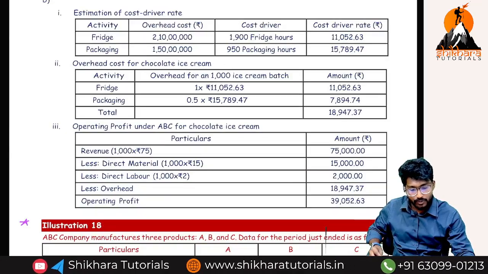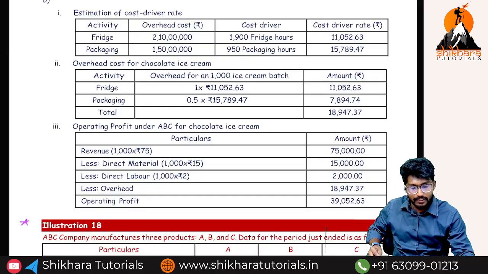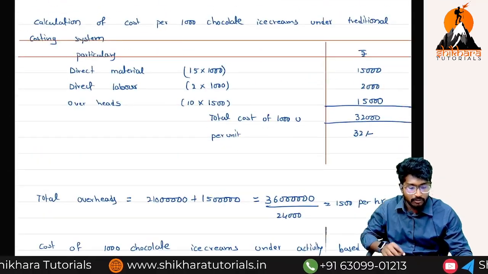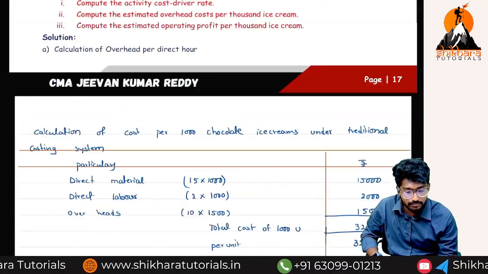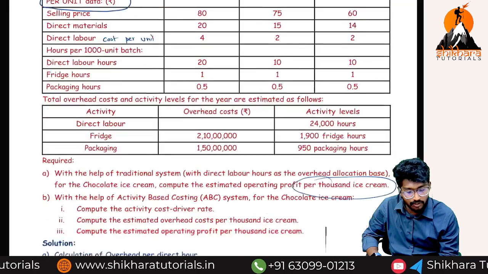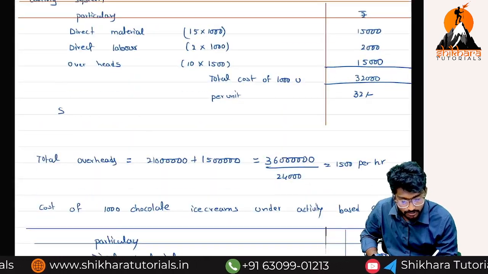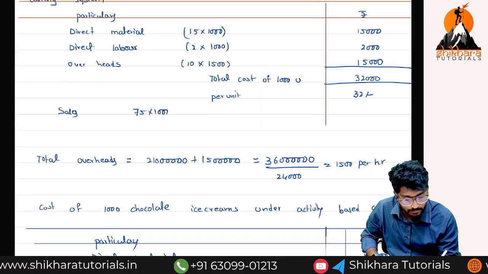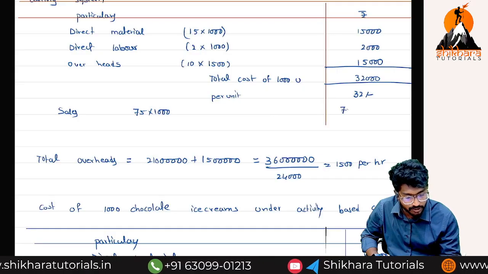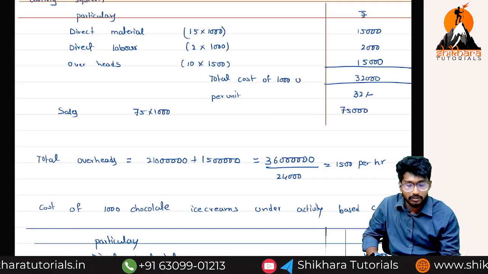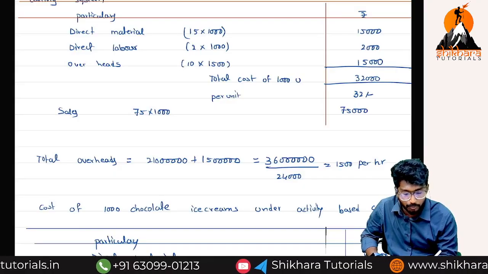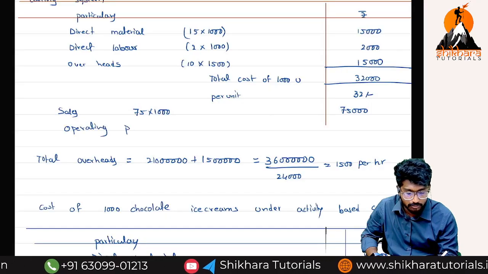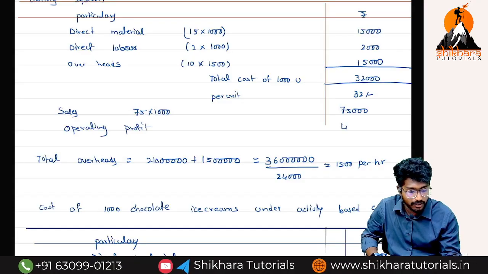Next, he asked us to calculate operating profit as well, for both. Now, what is the sales? Selling price 75 rupees. Sales is equal to 75 into 1000, that is 75,000. Am I correct? 75,000 minus 32,000, operating profit: how much? 43,000.